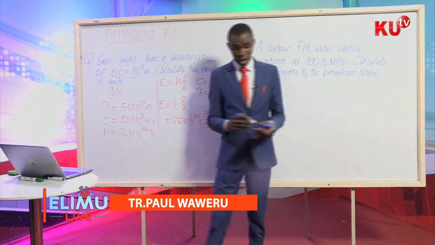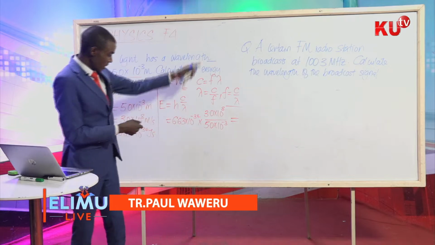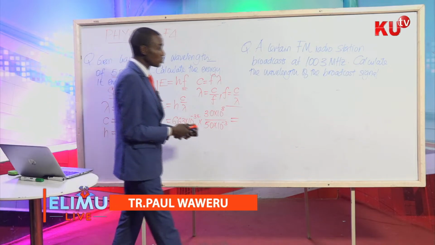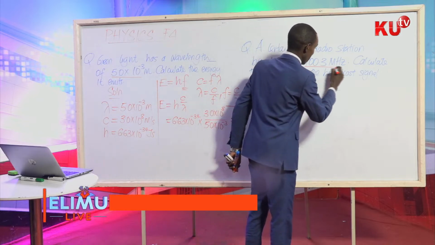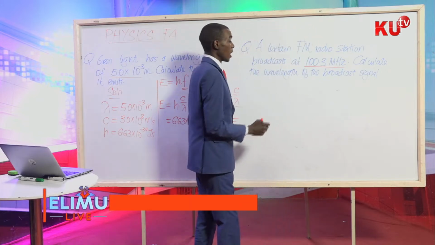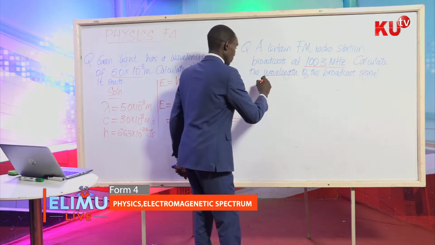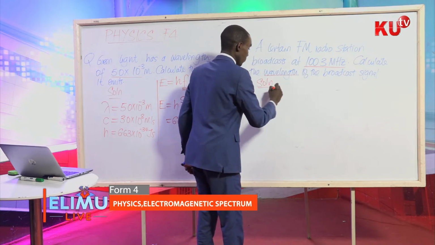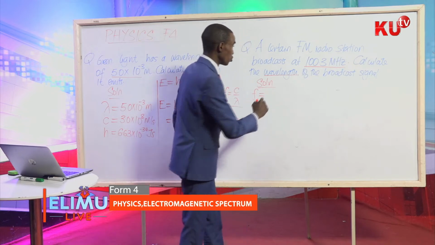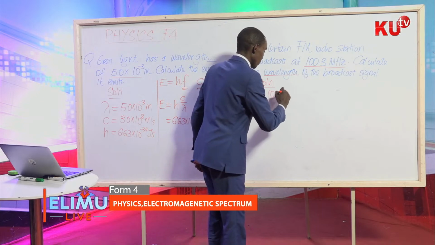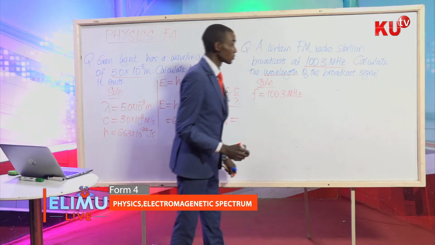Now, this kind of a question, again, like this other one, we just now need to know what we are given. In this case, we are given the frequency and we are supposed to find the wavelength. So, you just need now to write given F is equal to 100.3 megahertz.